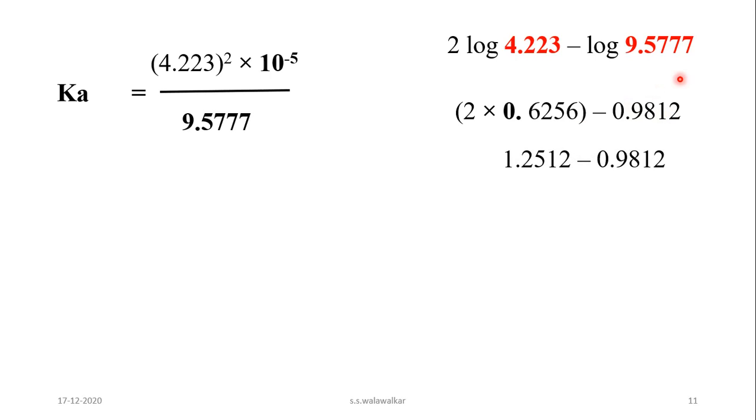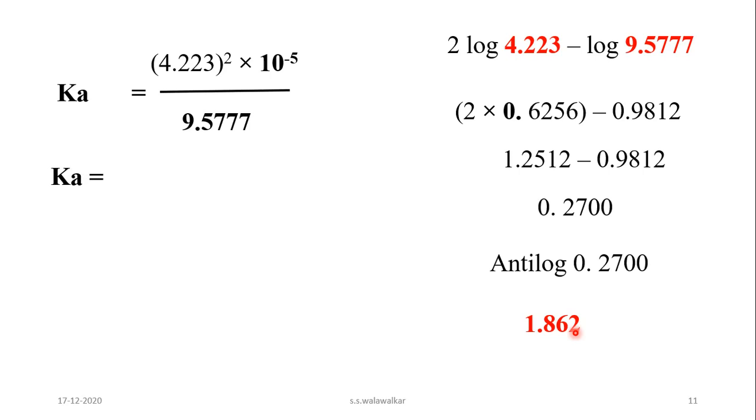By solving this multiplication we get 1.2512 minus 0.9812, and that is equal to 0.2700. So the antilog of 0.2700 is 1862, but the characteristic is 0, therefore we put the decimal point after 1, so 1.862. That is your answer.